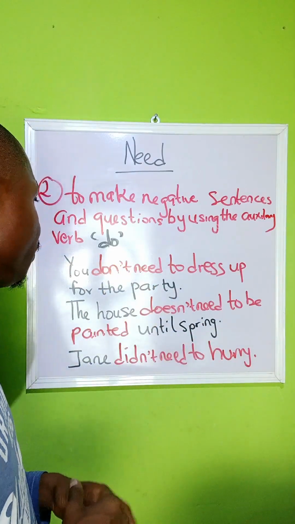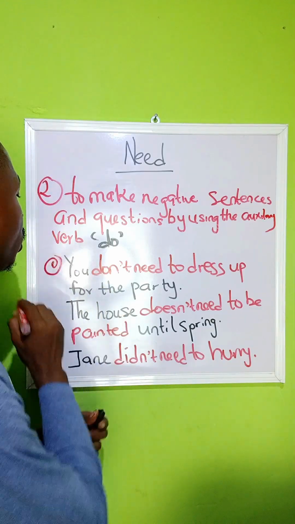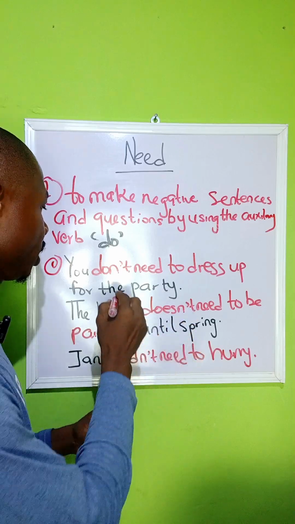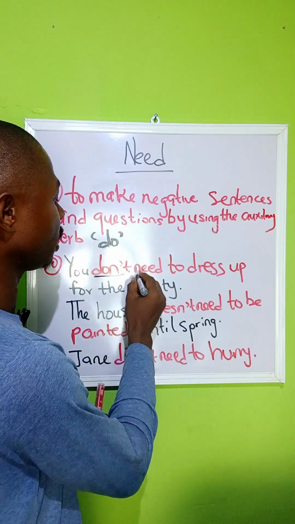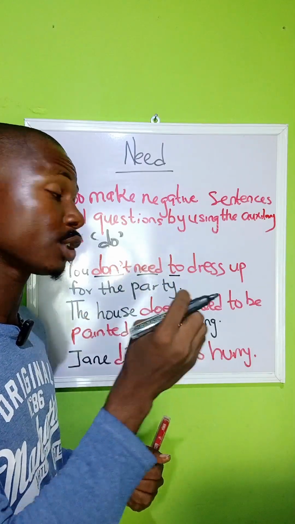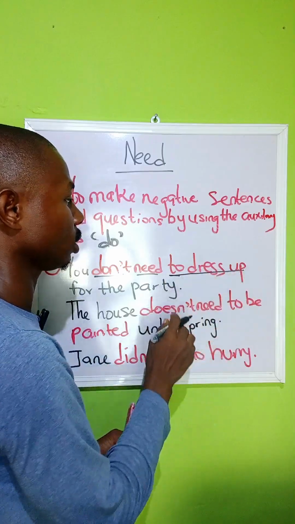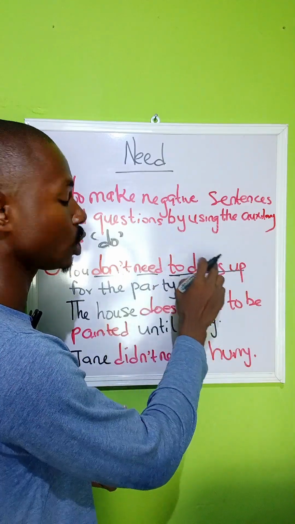For example, number one, you don't need to dress up for the party. So we can see here we have don't need to, which still retains the structure, need plus to dress up. Dress up is a phrasal verb.